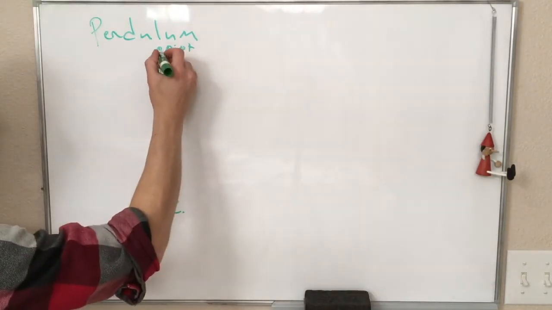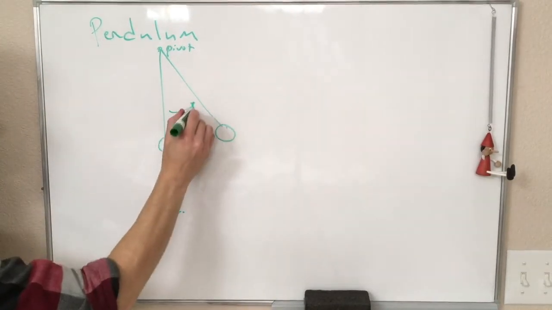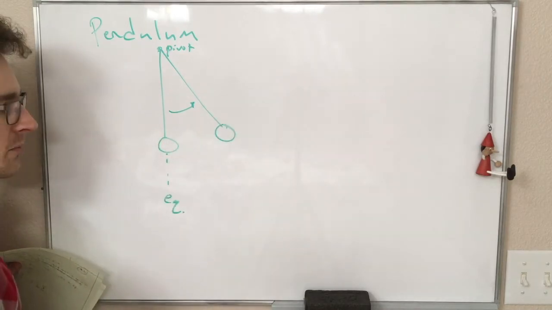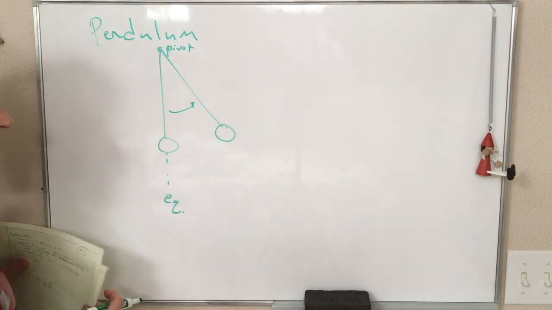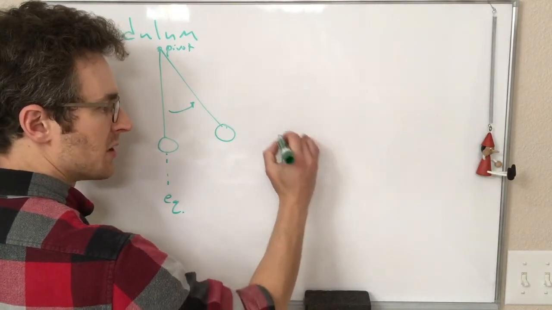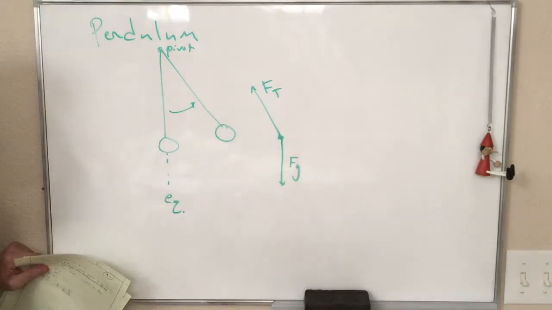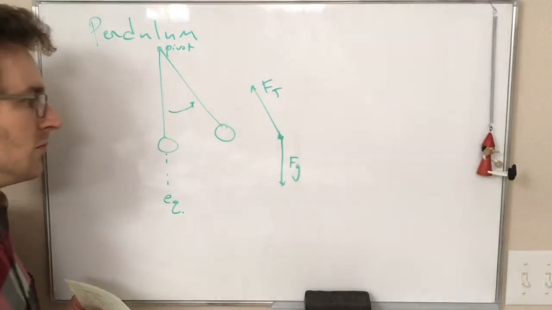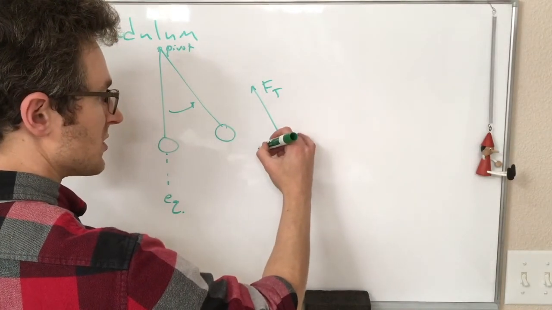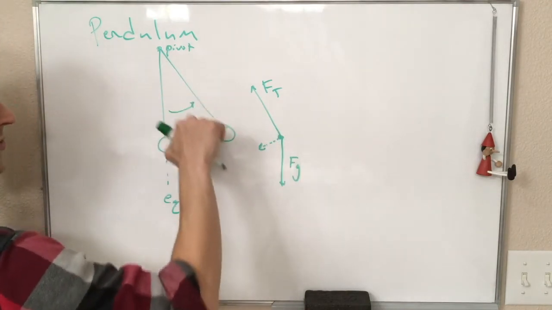Okay, if our mass is pulled off to the right here, so we displace it to the right with this counterclockwise rotation, now what forces do we have on it? If we do our free body diagram, we still have gravity straight down. Now we have our tension up and to the left, and you can figure this out yourself, or you can believe me that the net force is going to be this component of gravity that's perpendicular to the string.